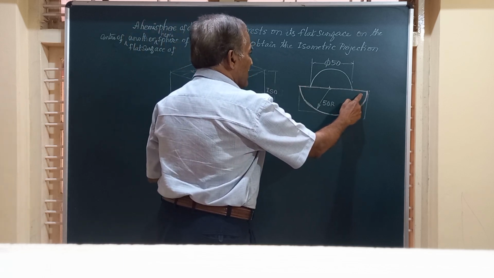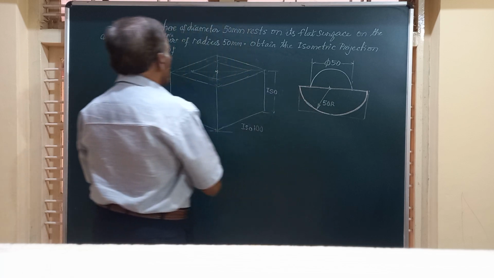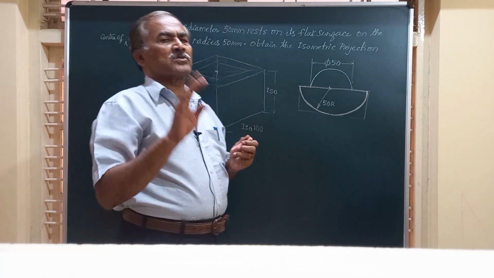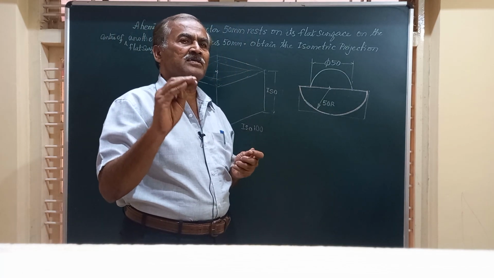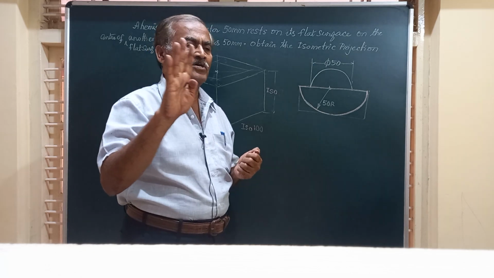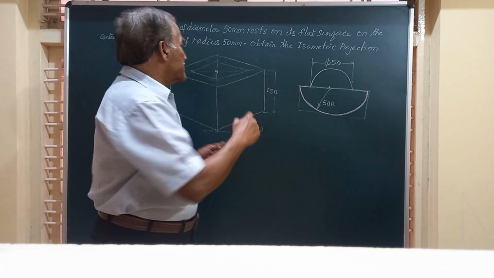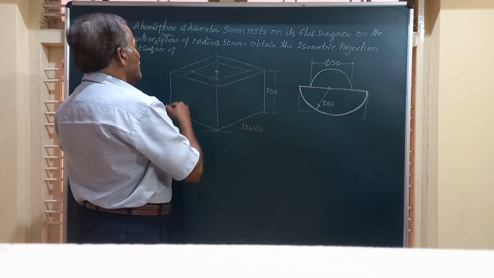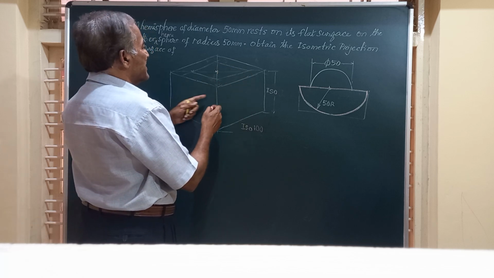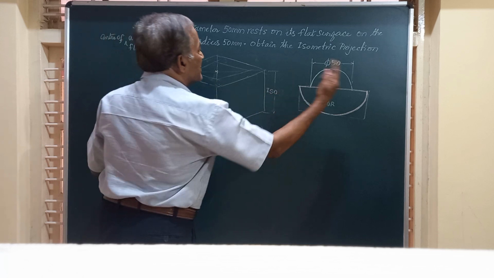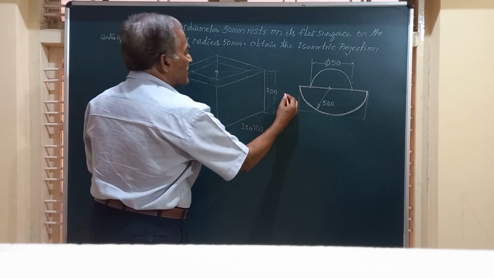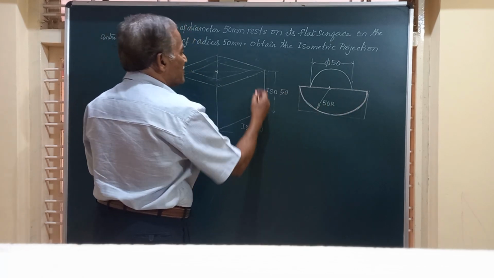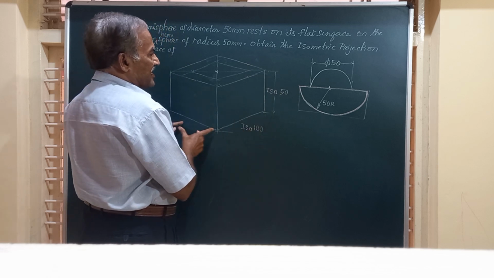Now at the top of this, we are going to construct two ellipses, one for this 100 millimeter dia. I make use of the simplest method, called the four center method, to obtain an ellipse in this parallelogram. First, let me construct the bigger ellipse at this ISO height of 50. This ISO 50 is the height and this is 100.